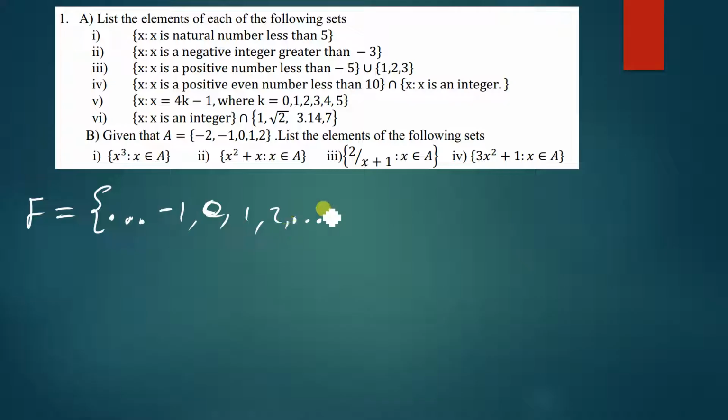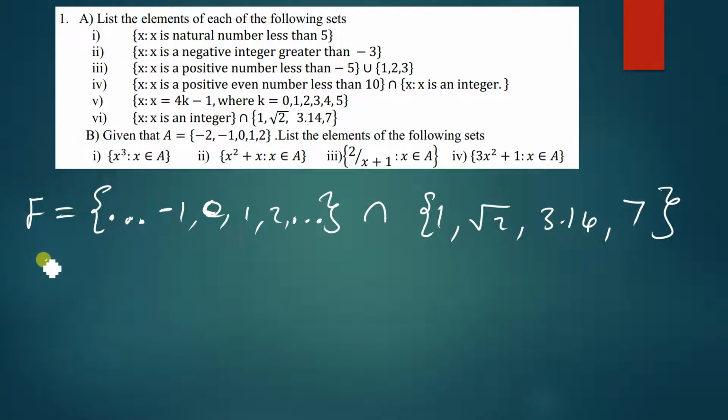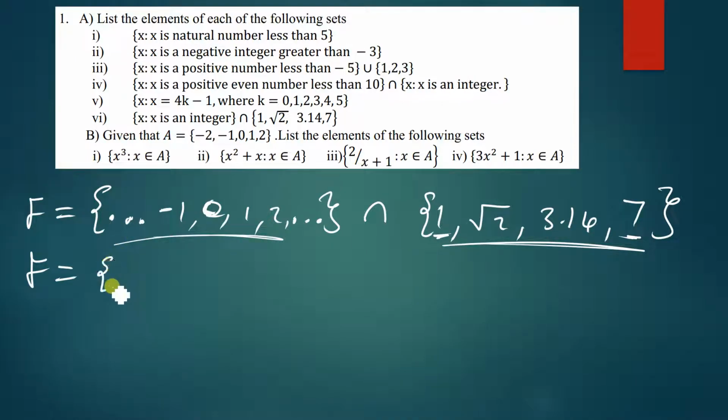So I'm intersecting this with this given set, which is 1, root 2, 3.14, and 7. So now if we find the intersection of these two sets, you discover that the only integers that we have in this set are 1 and 7, and these are the only numbers that are present there. So we write them together there as the solution.